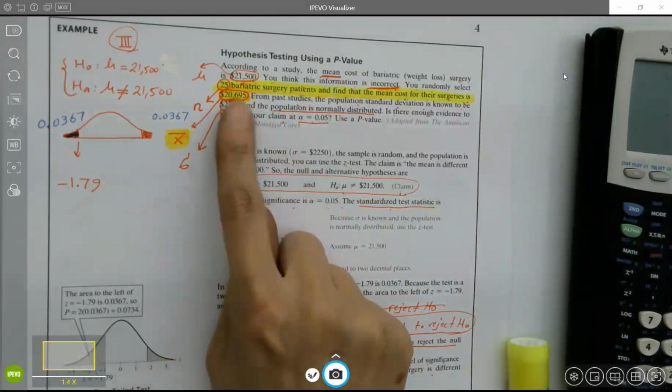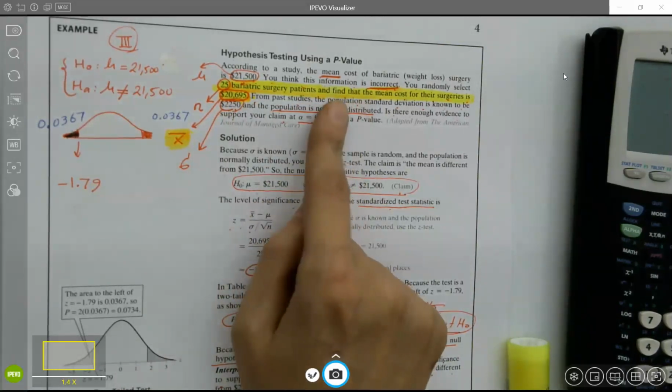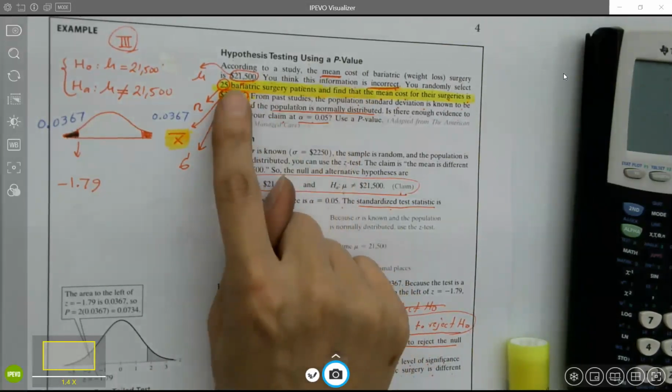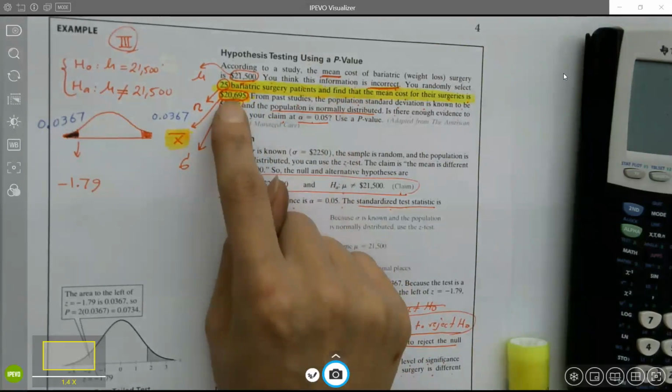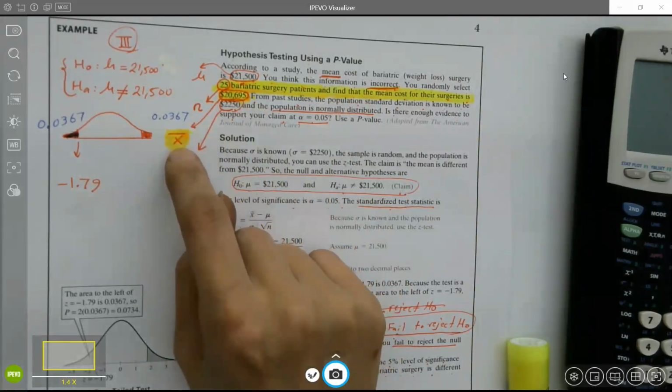We had 25 patients, and the mean of this sample is 20,695. This is your x bar.